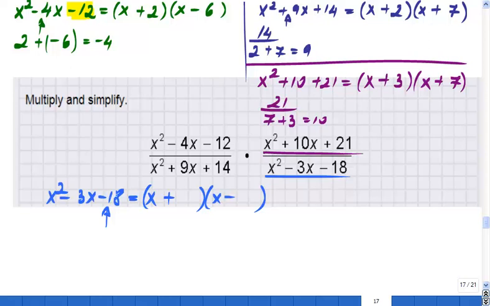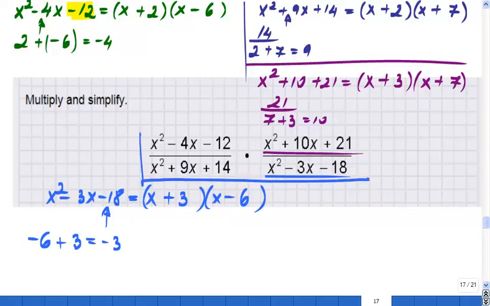I'm looking for two numbers who multiply up to negative 18 and add up to negative 3. As you guys can guess, it's going to be negative 6 and 3, right? Because negative 6 times 3 is negative 18, plus 3 will be negative 3. Okay, so I have x plus 3, x minus 6.